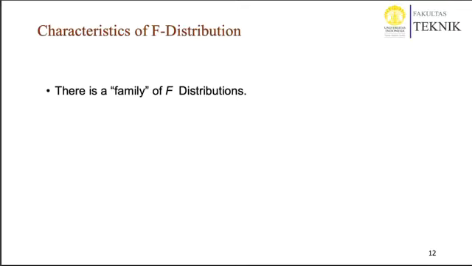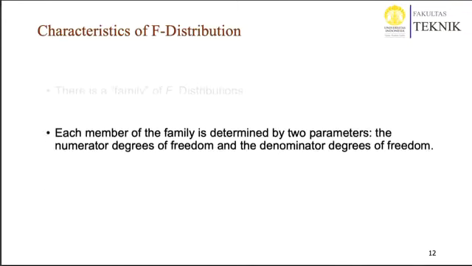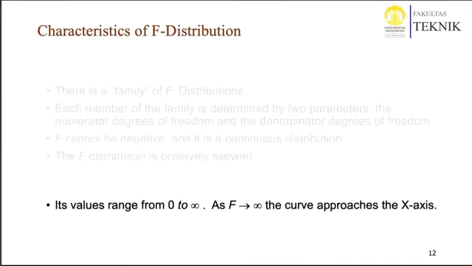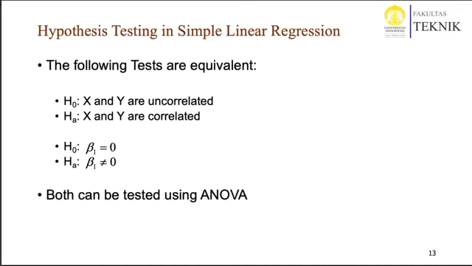The F distribution cannot be negative, and it is a continuous distribution. The F distribution is positively skewed, and the values range from 0 to unlimited, but still positive.